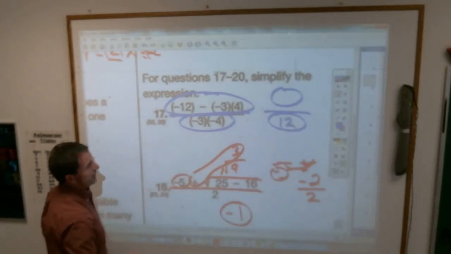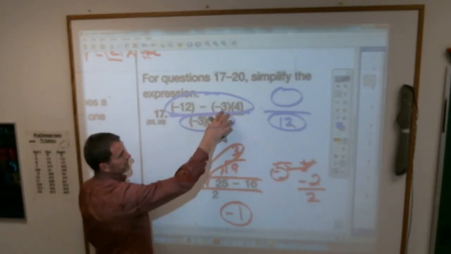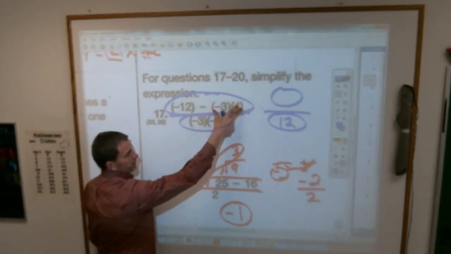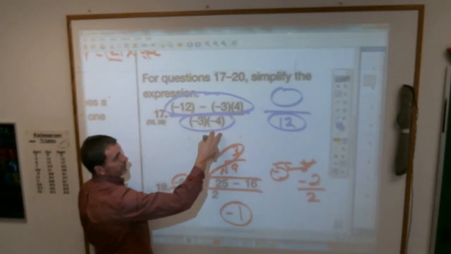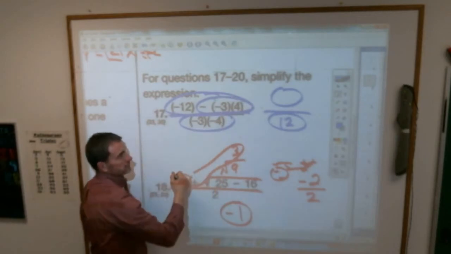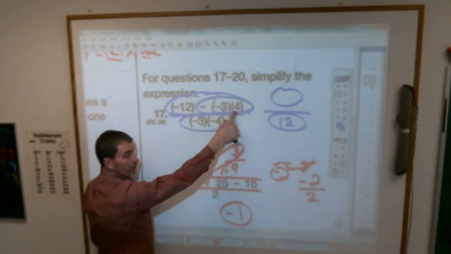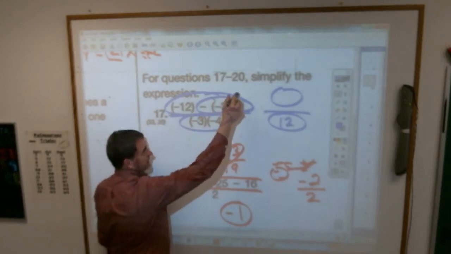The other part of this is probably a little more confusing, but what you must understand, this part here is multiplication, but this part here is subtraction. So in order of operations, you must do this part first. 3 times 4 is 12. 2 negatives make it a positive 12.